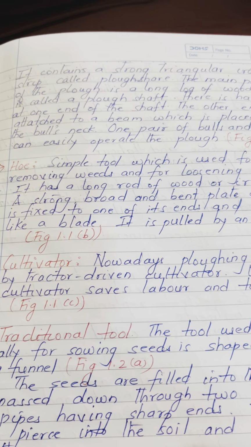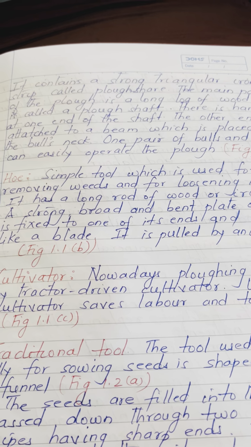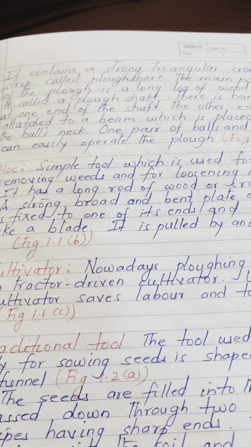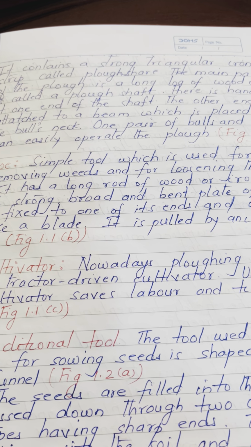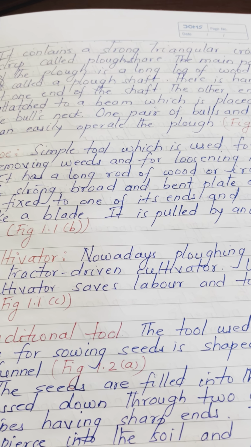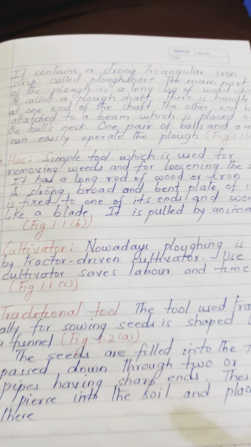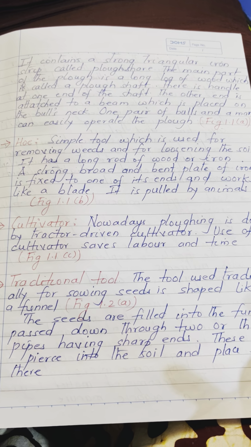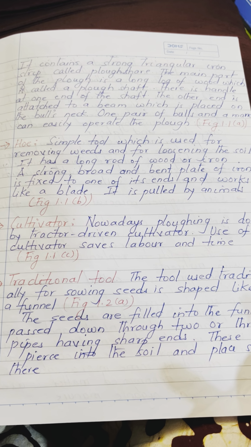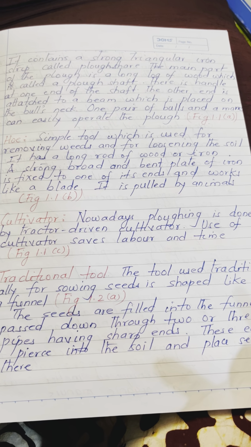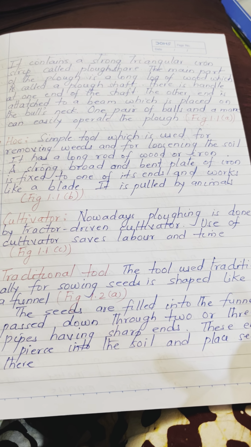It contains a strong triangular iron strip called plow share. The main part of the plow is a long log of wood called a plow shaft. There is a handle at one end of the shaft. The other end is attached to a beam which is placed on the bull's neck. One pair of bulls and a man can easily operate the plow.